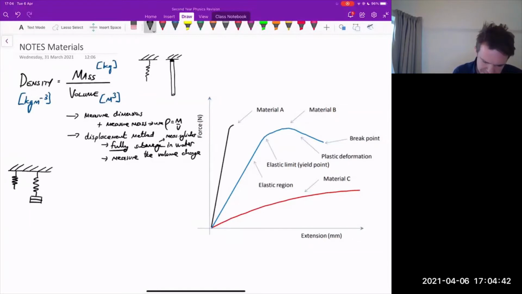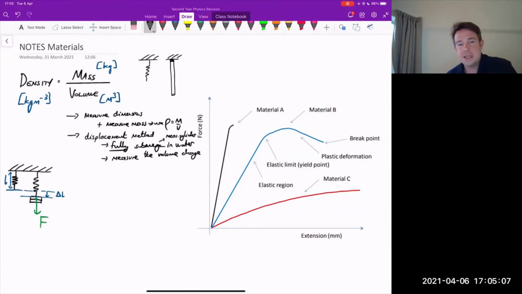So imagine we've got a spring, it has a certain original length, L, and then it extends by a smaller distance, delta L. And of course, the force we're applying is usually labeled F.